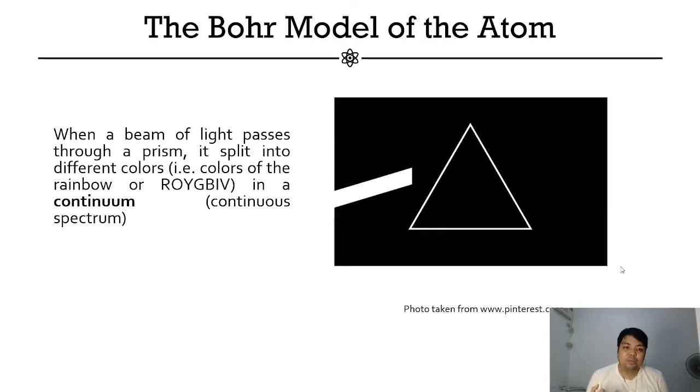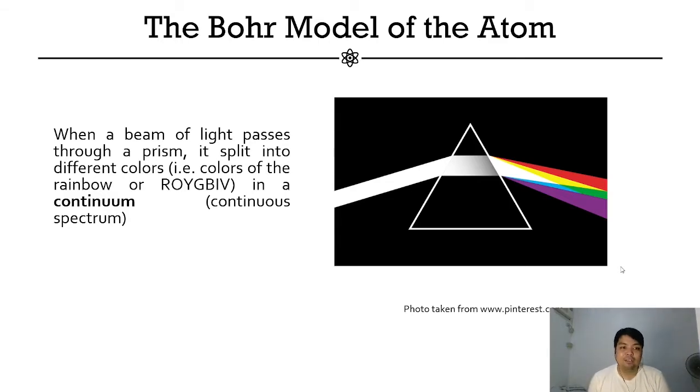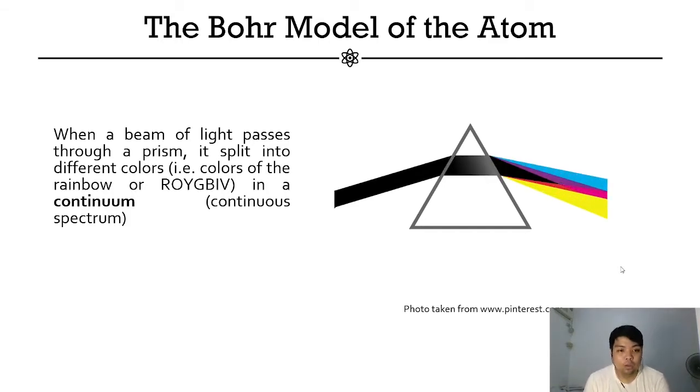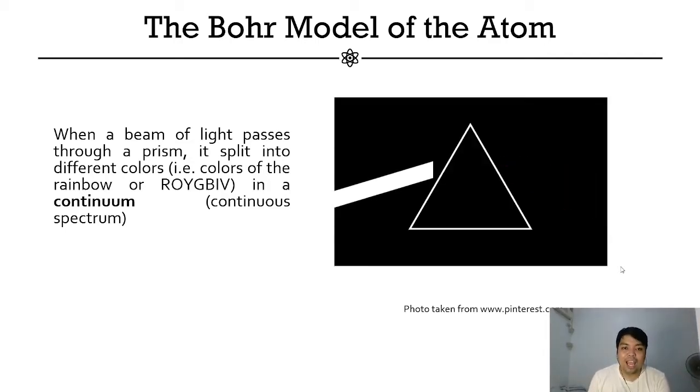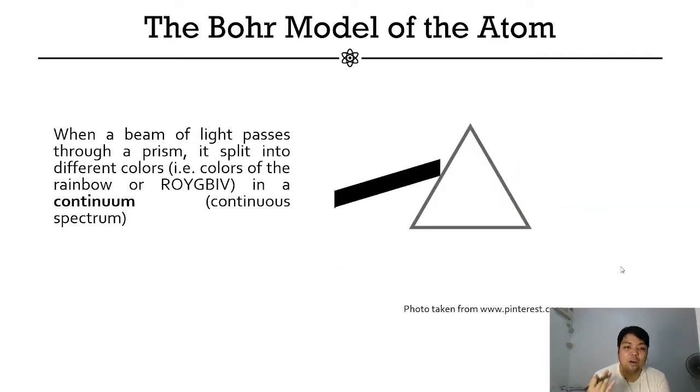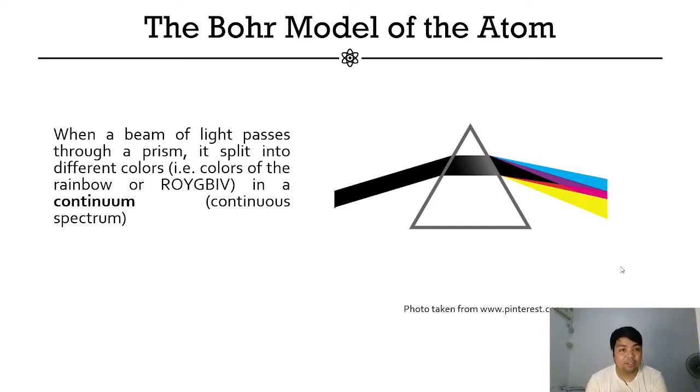Now I'm pretty sure you're very familiar with this experiment: when you allow a beam of light to pass through a prism, it splits into different colors, which are the colors that we see in a rainbow, in what we call the continuum spectrum. It is called a continuum spectrum because you do not see the boundary or borderline between red and orange, between colors in general.